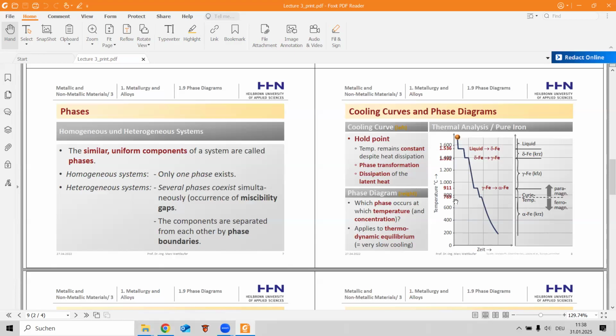And in our case, around 800 degrees, we have the Curie temperature. It's a point above which we have paramagnetic metal behavior, and below it we have ferromagnetic behavior.